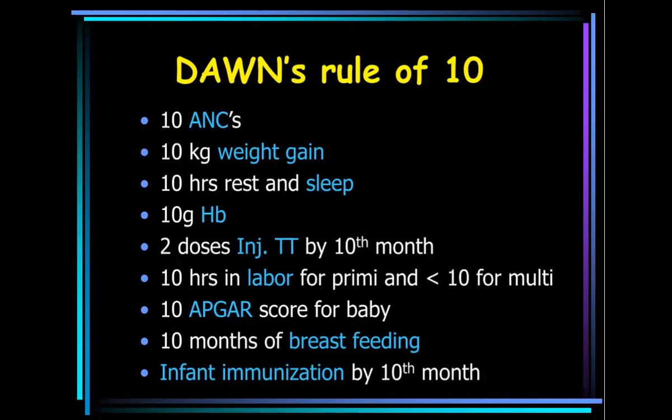And as we know, injection TT is to be given, the first dose at the 18th week of pregnancy, and the second dose at the 24th week, from the first one. A 2 ml disposable syringe should be used.